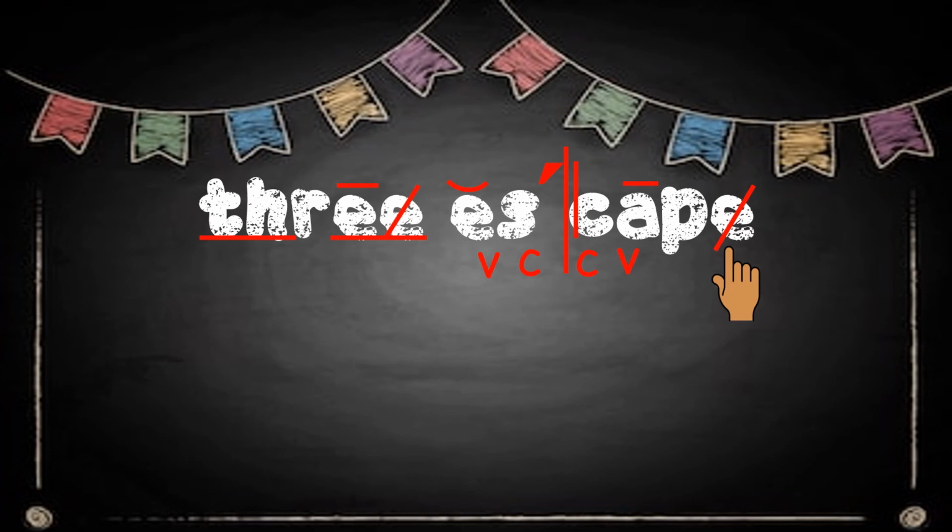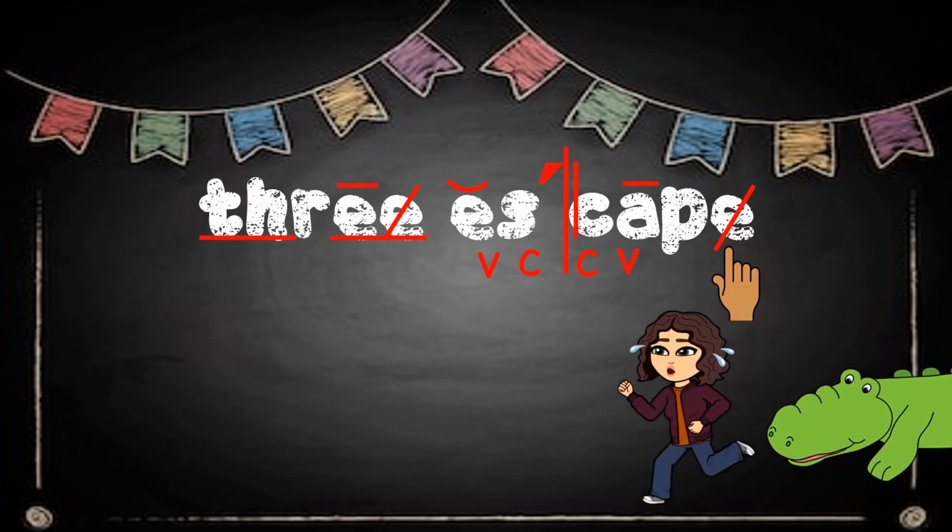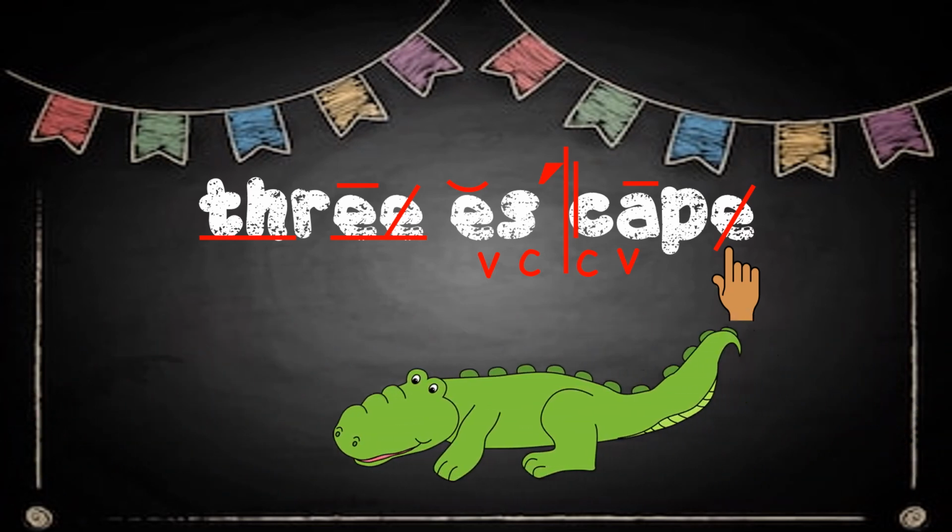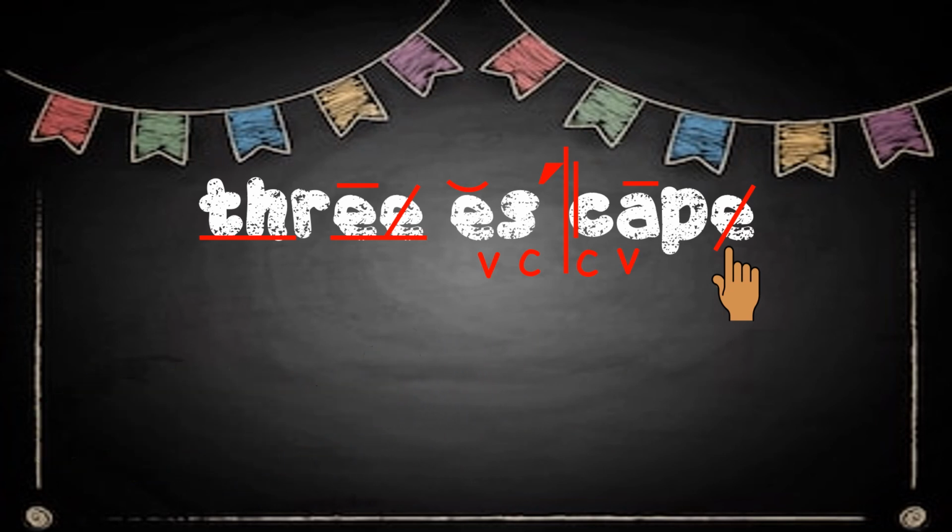Also, there's a rule that says verbs with two syllables will have the accent mark on the second syllable. Escape. I know a verb is something that I do, so I could escape from the wild alligator. So escape is a verb, so I'm going to move my accent mark to the end of this word.